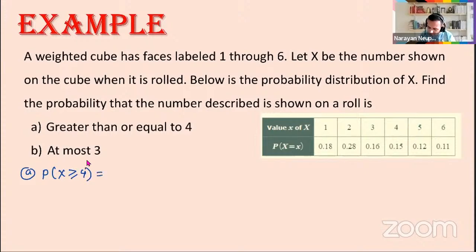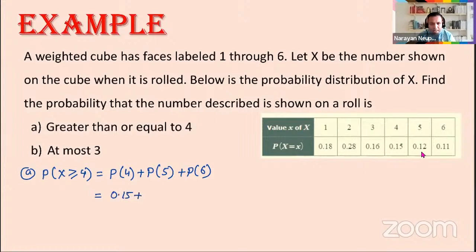Because it is an OR, it is the addition rule. So probability that X equals 4 plus probability that X equals 5 plus probability that X equals 6. We write the formula for OR, the addition rule for probability. Probability that X equals 4 is 0.15.